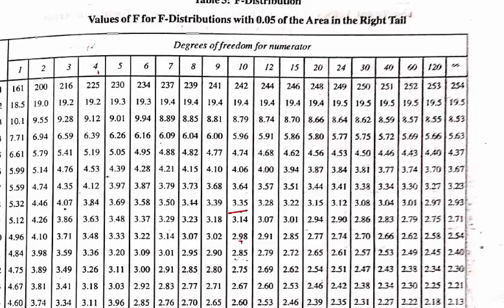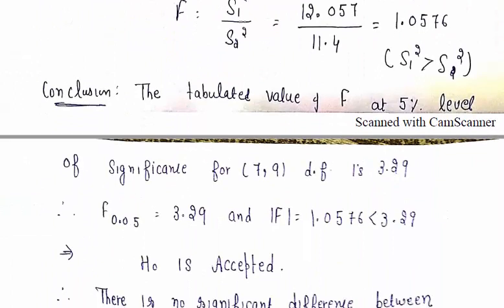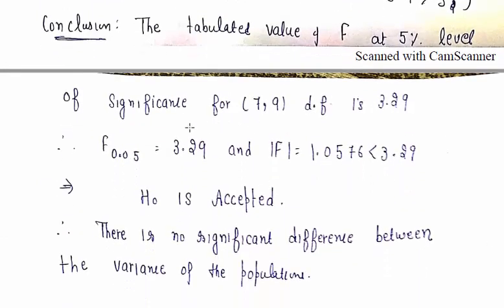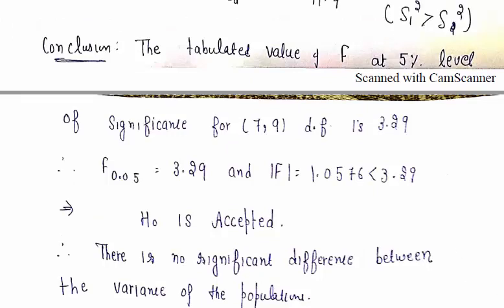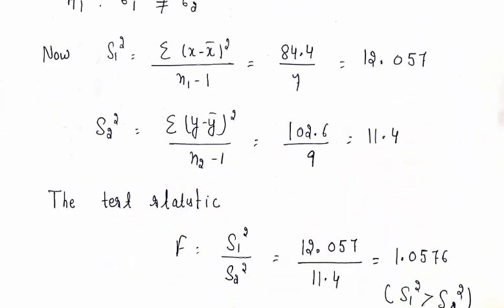So this equals 3.29. So the table value is 3.29 and the calculated value is 1.0576. Now since the calculated value is less than the table value, we accept our null hypothesis. If we accept our null hypothesis, that means there is no significant difference between the variances of the populations.